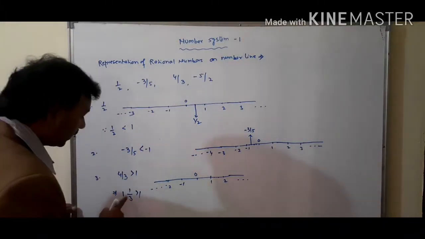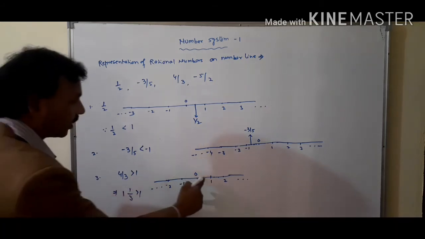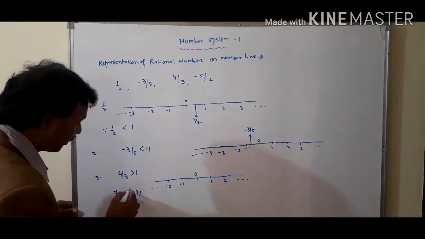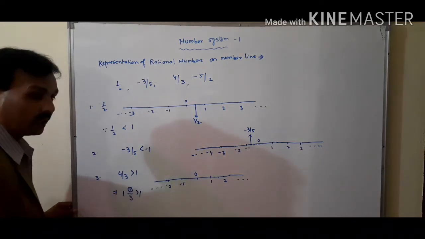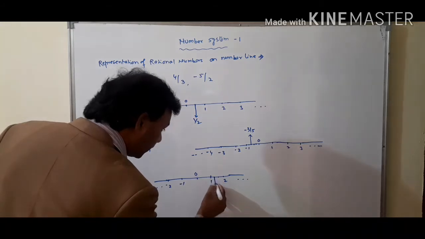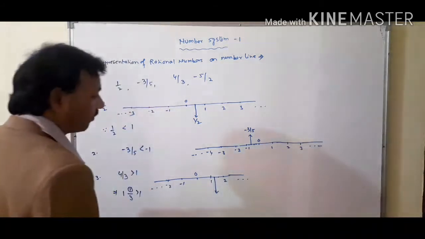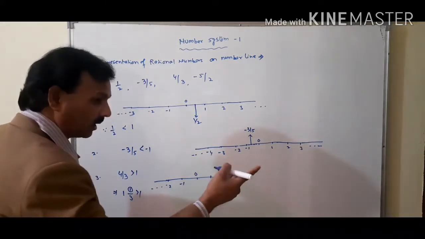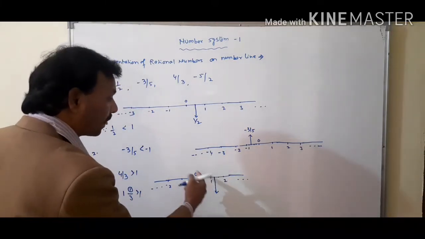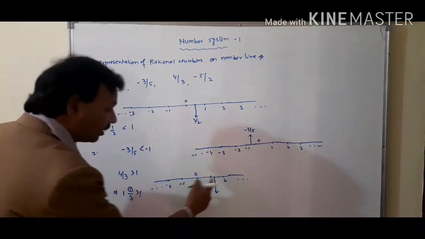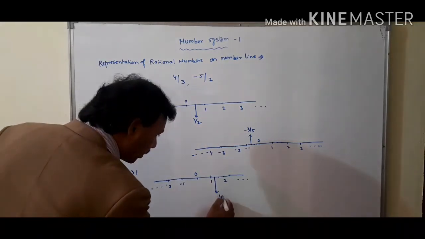So take one part from the 1, equal to the numerator. That means this position is to the right of 1 but to the left of 2. That means this number is greater than 1 but less than 2. This position will be 4 by 3.